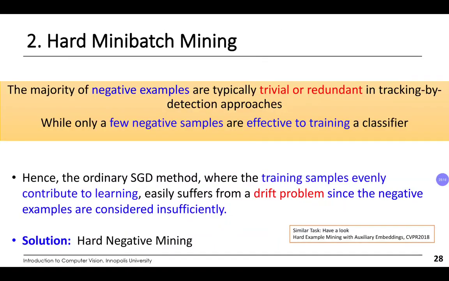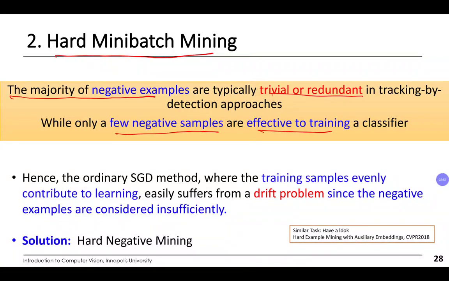The second thing is hard mini batch mining. So the essence here is why we use hard mini batch mining, and what kind of problems it can solve for the discriminative power of your convolutional neural network. When we are considering the negative examples, typically they are trivial and redundant in tracking approaches, while only a few negative samples are effective for training the classifier.